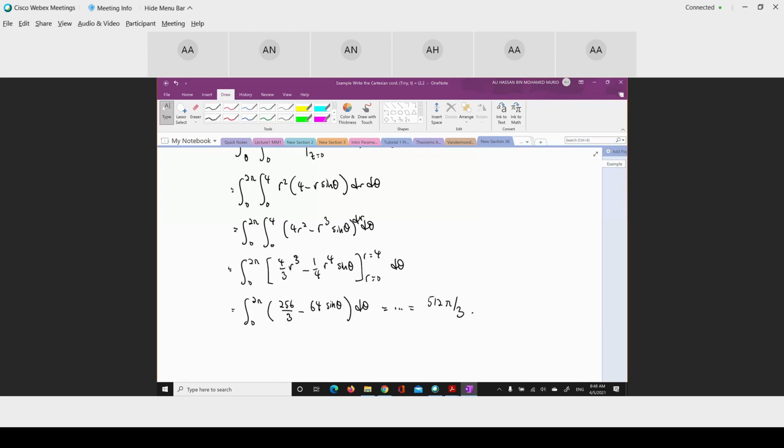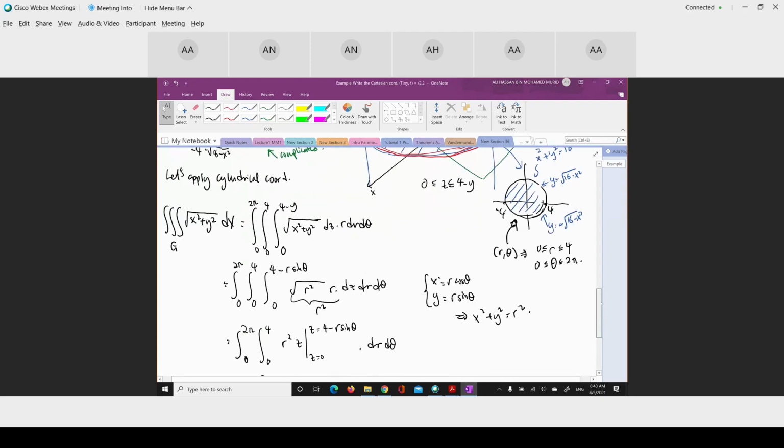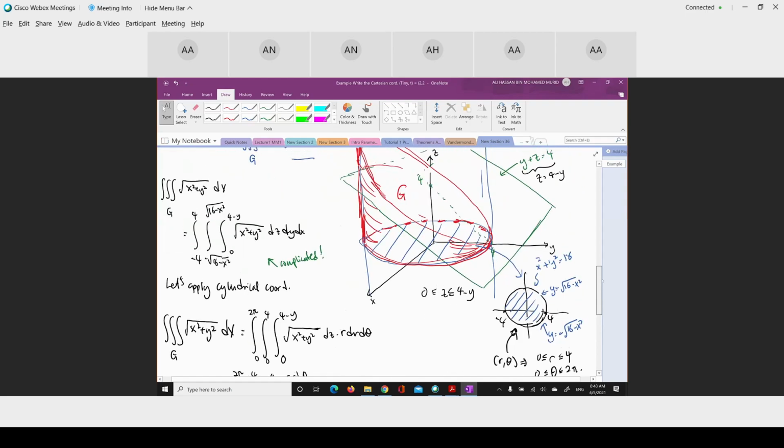In this example, it is advisable to use cylindrical coordinates rather than the Cartesian coordinates, right? Because the triple integral in Cartesian coordinates involves square roots, both as the integrand as well as the limits of integration.